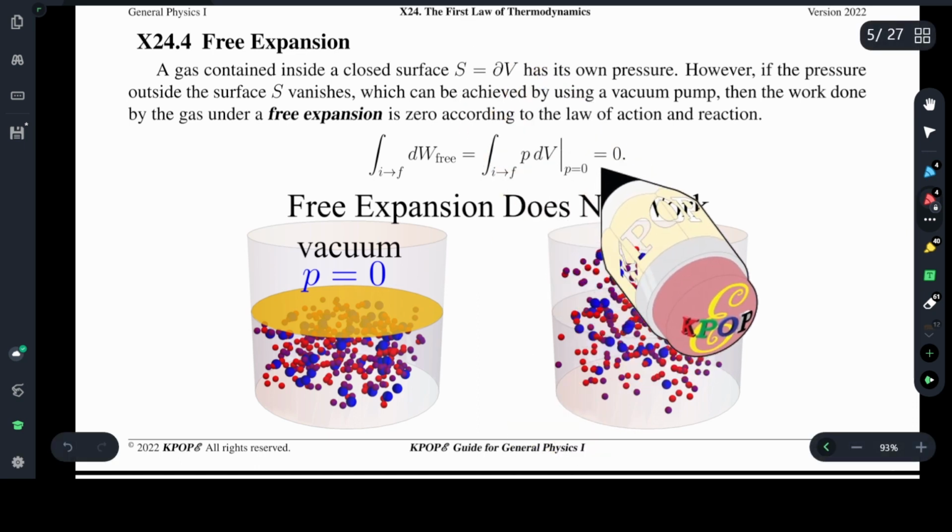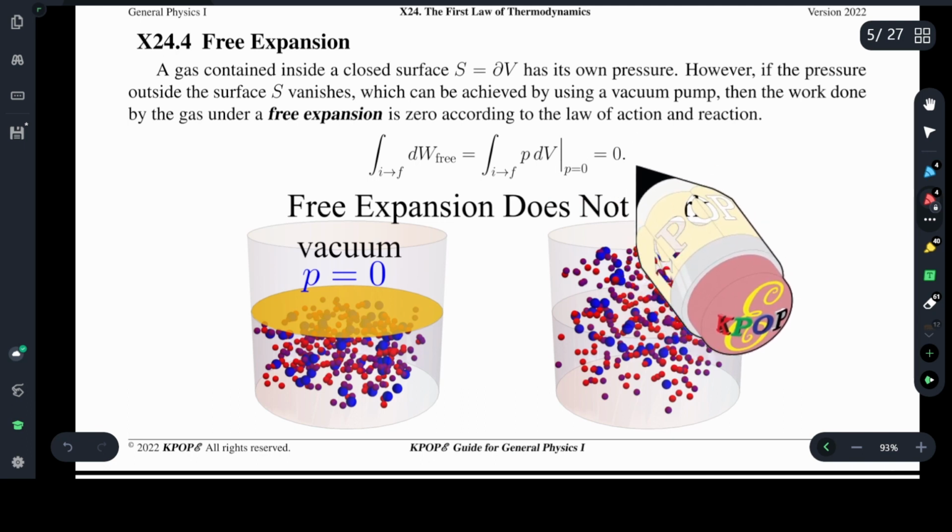The answer is 0. The reason is that the work done by some force is positive only if there is another force against it. I mean, the interaction between two objects follows Newton's third law, action and reaction.